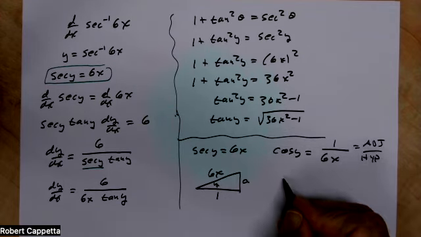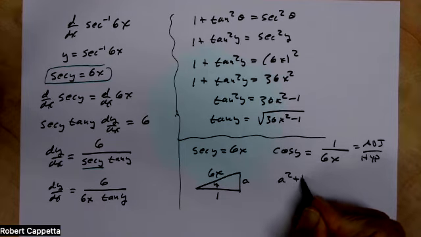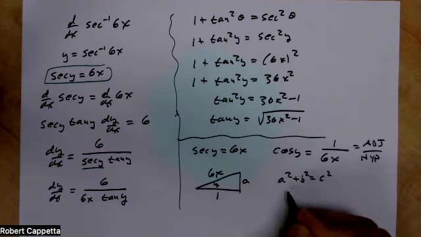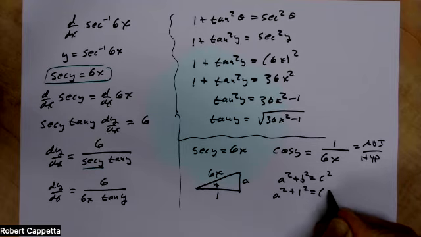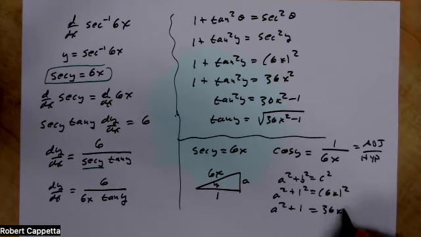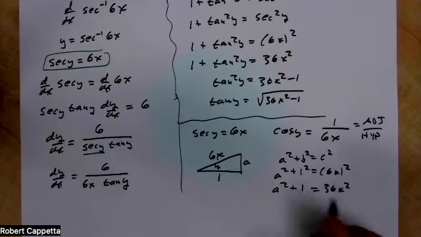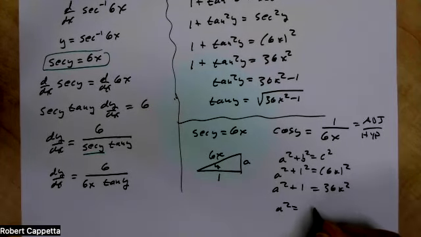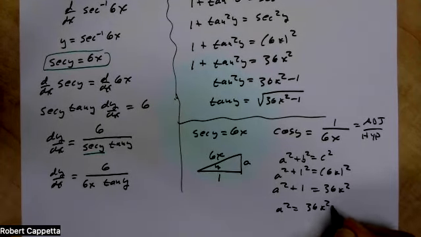So a squared plus b squared is c squared. So a squared plus 1 squared is 6x squared. So a squared plus 1 is 36x squared. So a squared is 36x squared minus 1.